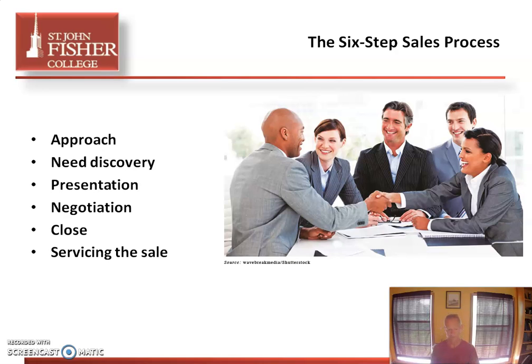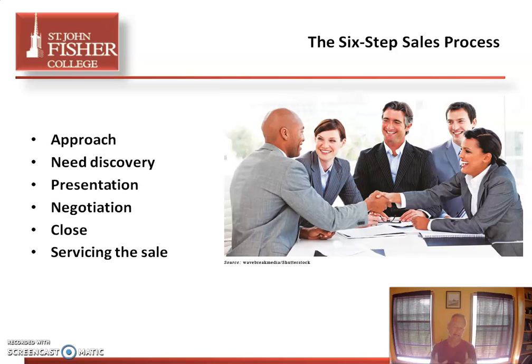Then presentation, negotiation, which is handling objections and looking over terms and other things of the sale, closing the sale, and then most importantly, or as important, servicing the sale so that you can get referrals and other things from your current customer base. So again, our 6-step process is the approach, needs discovery, presentation, negotiation, close, and servicing the sale.